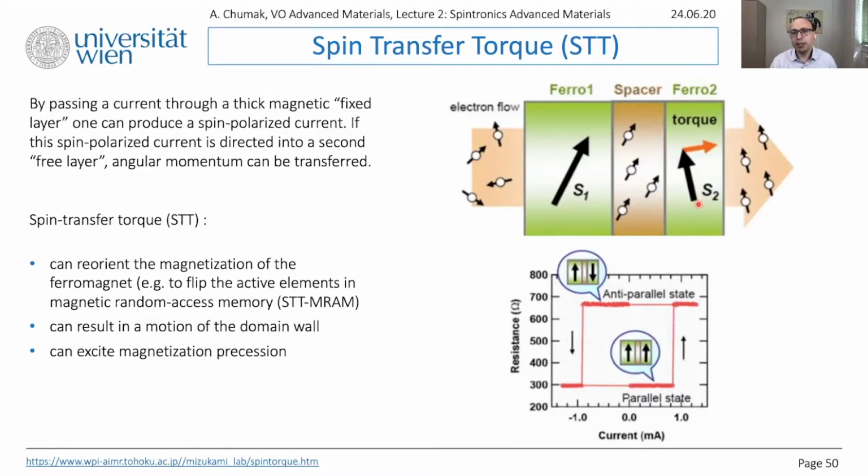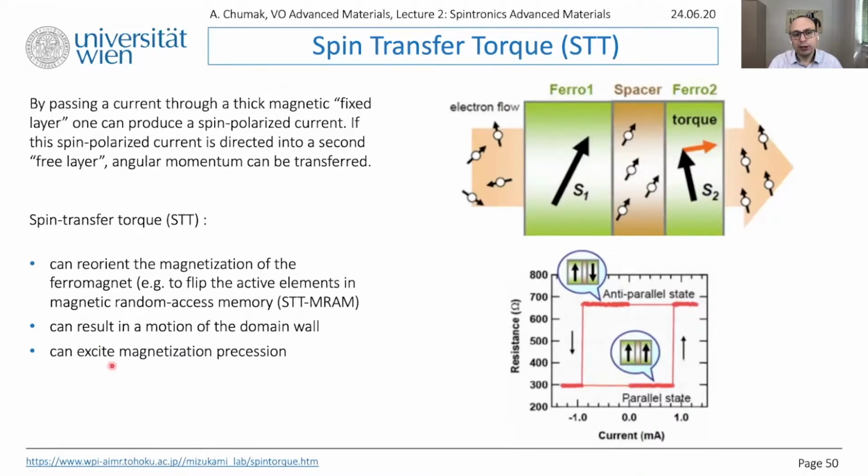And it means that by sending current, we can get very similar physics, but instead of switching magnetization directly, like in this case, there will be a motion of the domain wall, which is triggered by spin transfer torque.